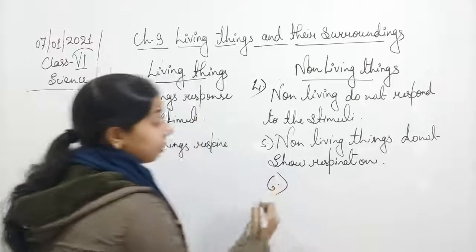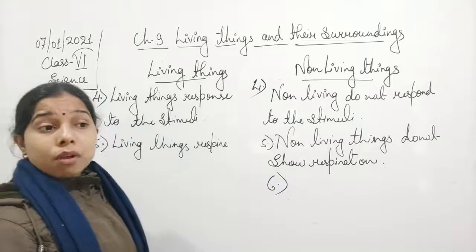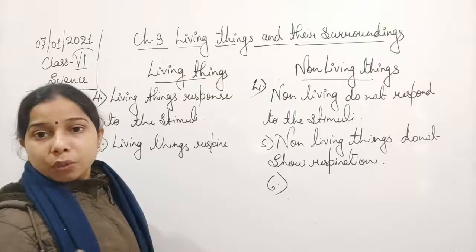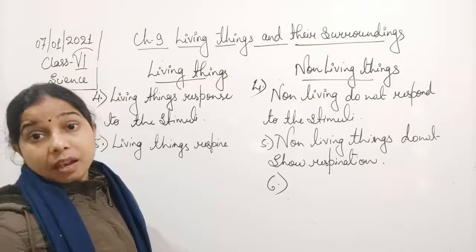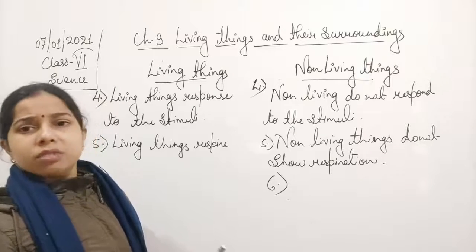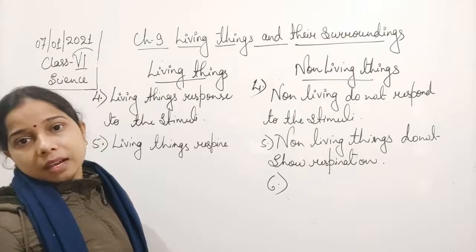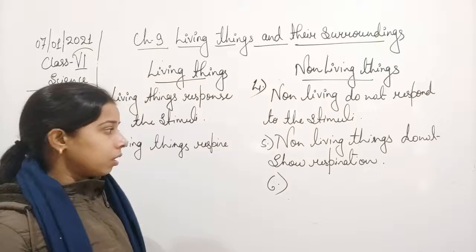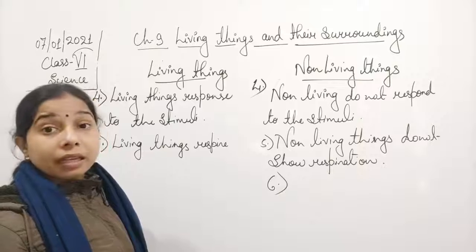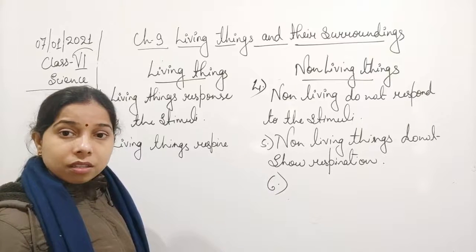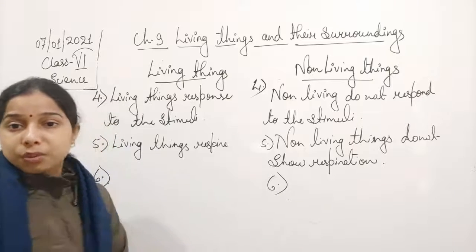Then we have seen that the living things used to excrete. Okay, they used to remove their waste material. But in the non-living thing, there is no such kind of excretion process. So we can say that the living things excrete, but non-living things do not excrete.